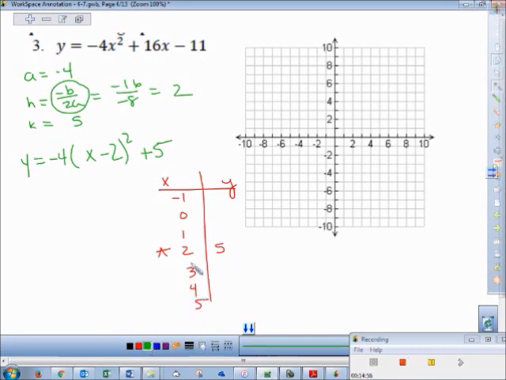By putting these numbers in, you get positive numbers most of the time. If these are positive, those will be positive. That'll work out nice for you.